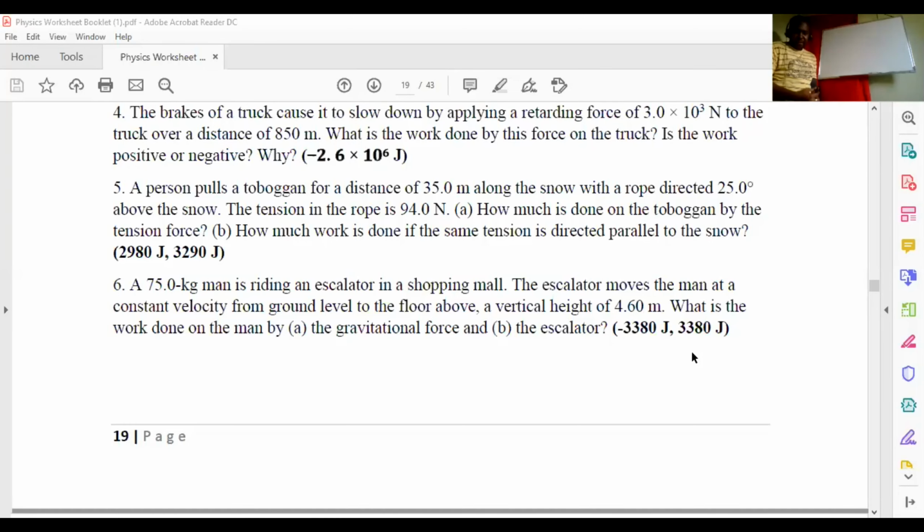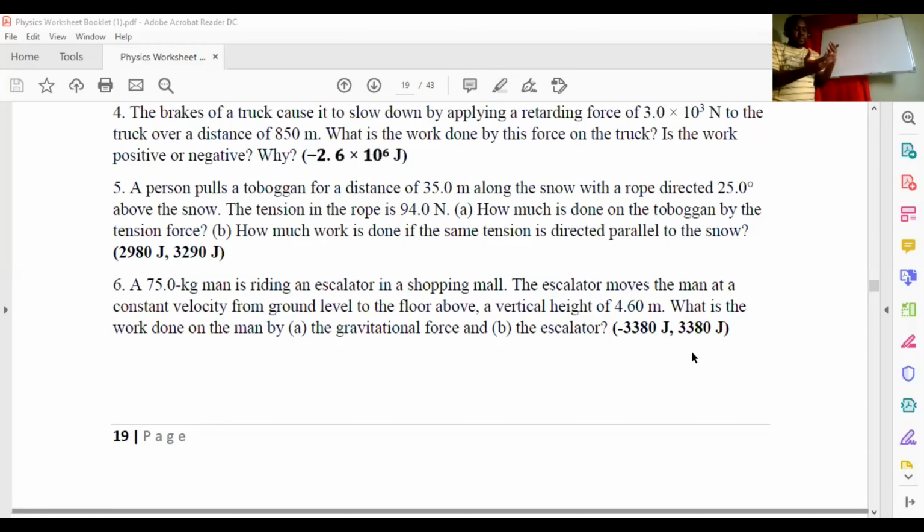All right, so let's explain the difference in your answers, as well as why one is negative and one is positive. The first part is the work caused by the gravitational force. Remember the escalator is going up while gravity is always trying to pull down.